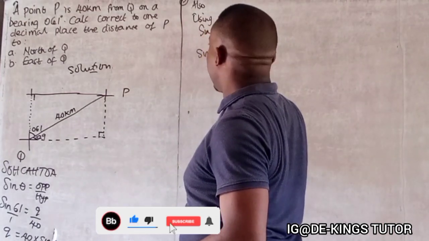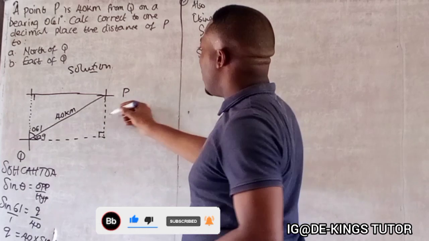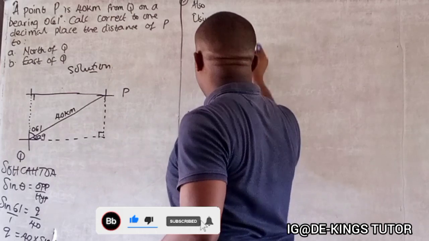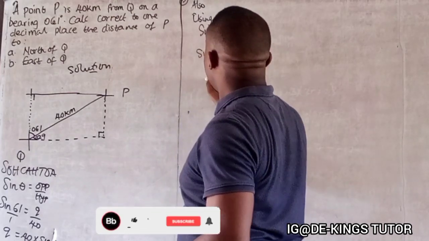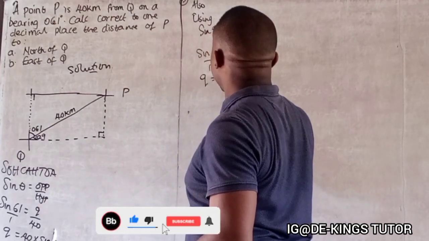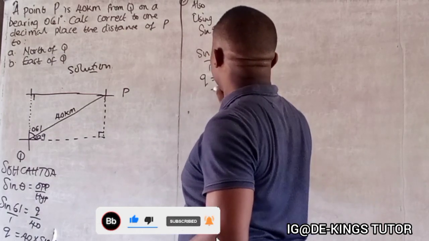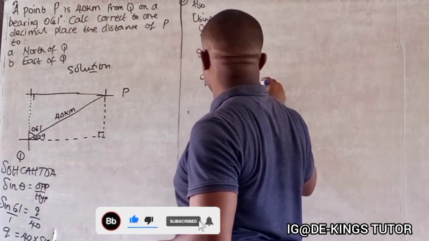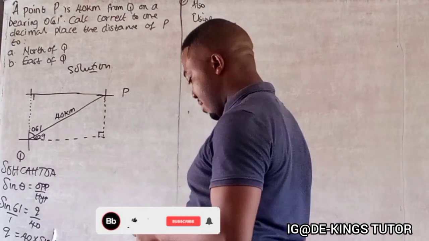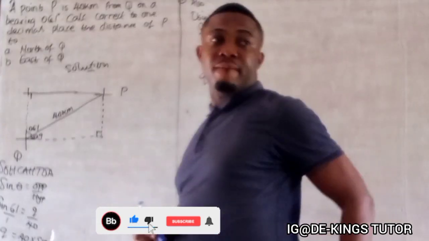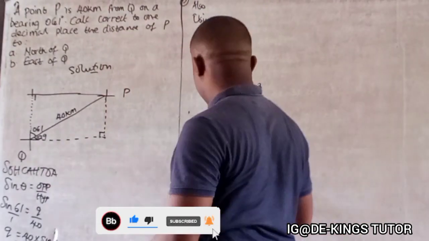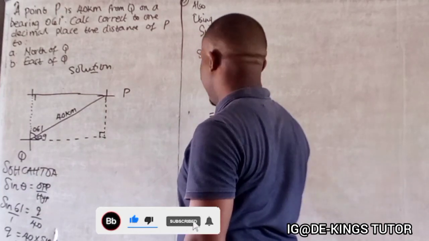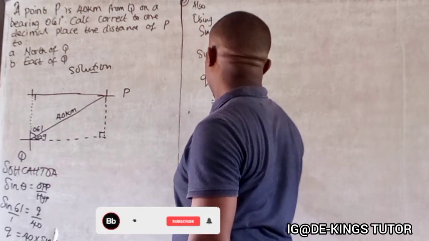Our theta is 29, the opposite is unknown, can be q at this point also, over hypotenuse, which is 40. So cross multiply, q equals 40 times sine 29. So I have 40 times, help us, 0.4848. So 40 times that is what we have? 19.392. So to 1 decimal place, it is 19.4.